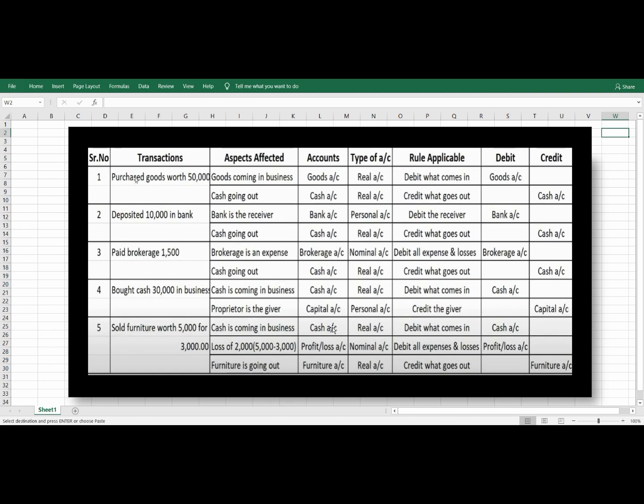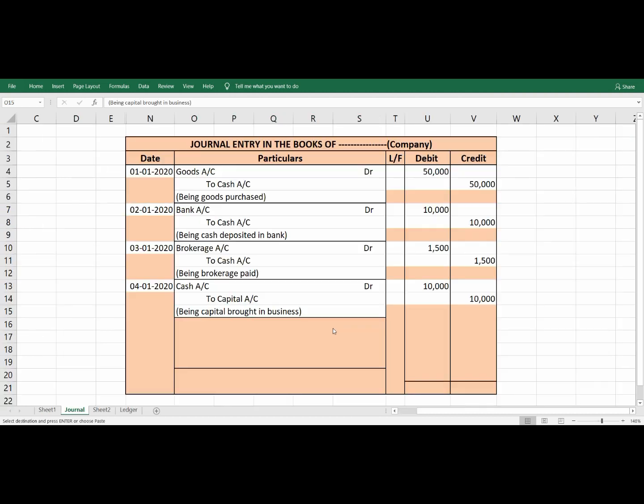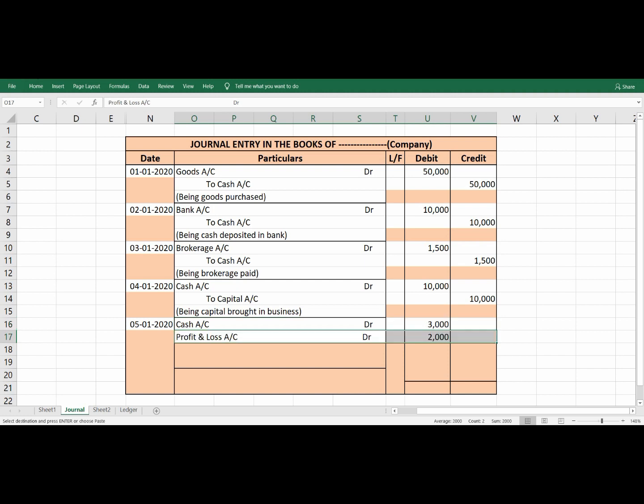Now let's see how we'll pass the transaction for this. First it will be date. Cash account worth 3,000 will be debited. As I already mentioned, after selling of furniture, we just received 3,000 rupees of cash. Next, profit and loss.